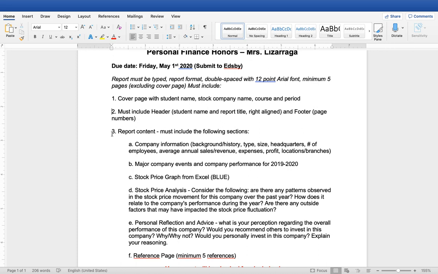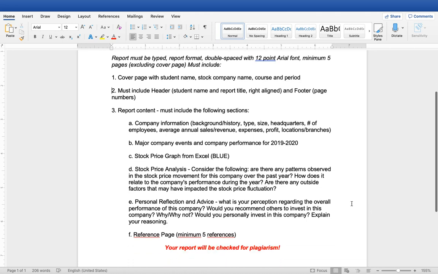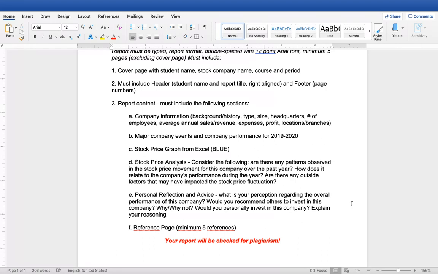So regarding the content of the report, so you must include the following sections. So there are several sections over here for you to follow and make sure you include in your report. And it will be easier and better organized if you have a heading for each of these sections. So the first section is the company information.